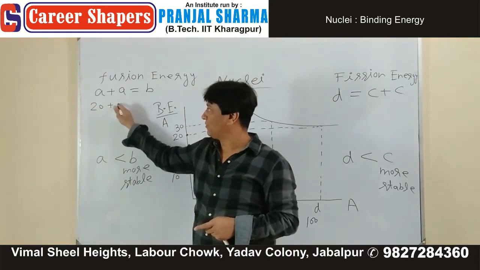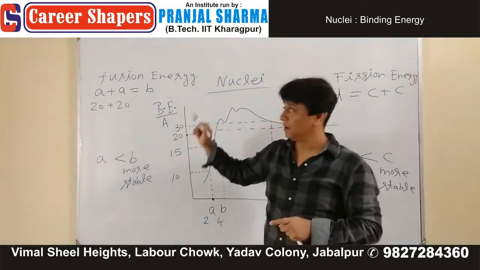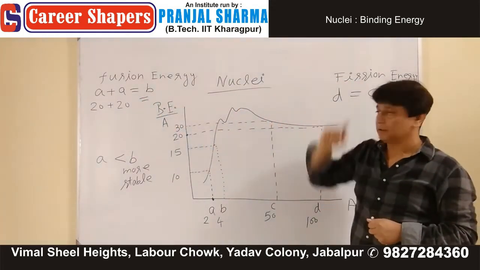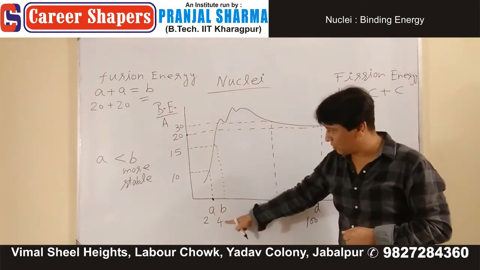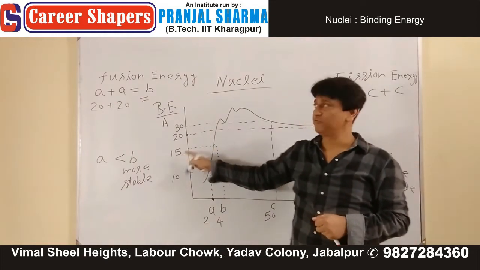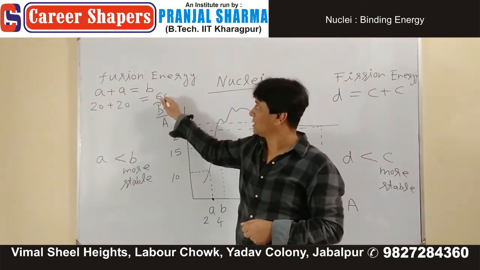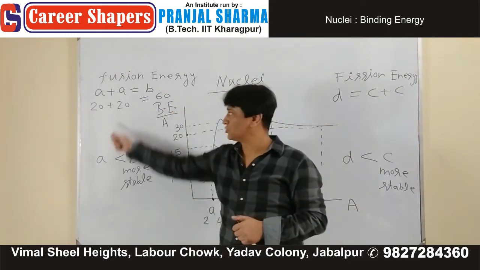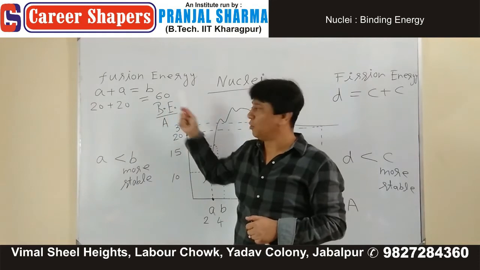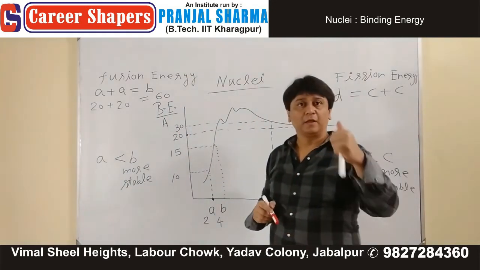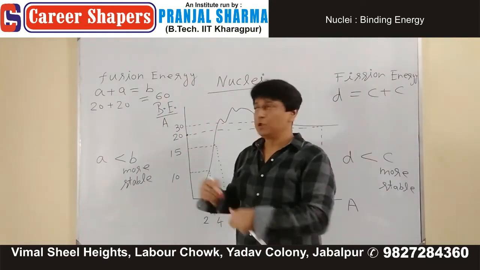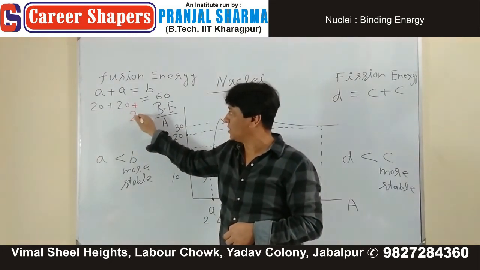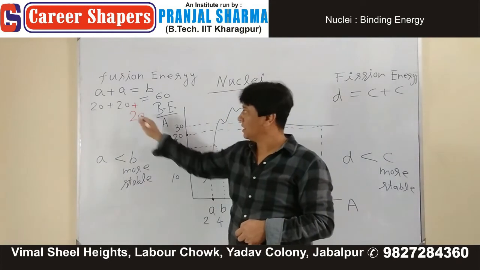What is the energy of B? 4 multiplied by 15, which is 60. But look at this. This equation is not balanced. 20 plus 20 over here, 60. Equation is not balanced.